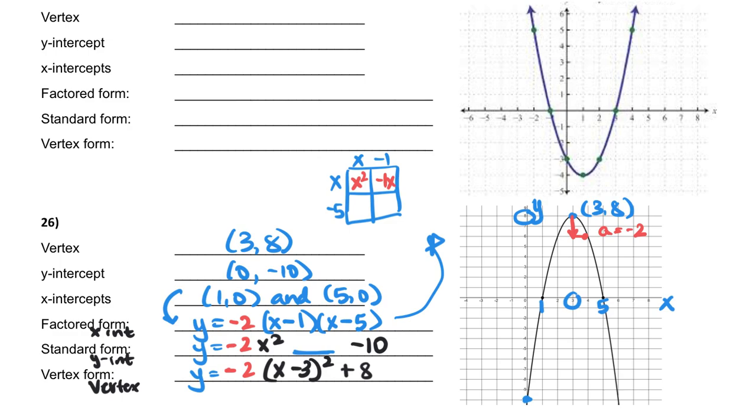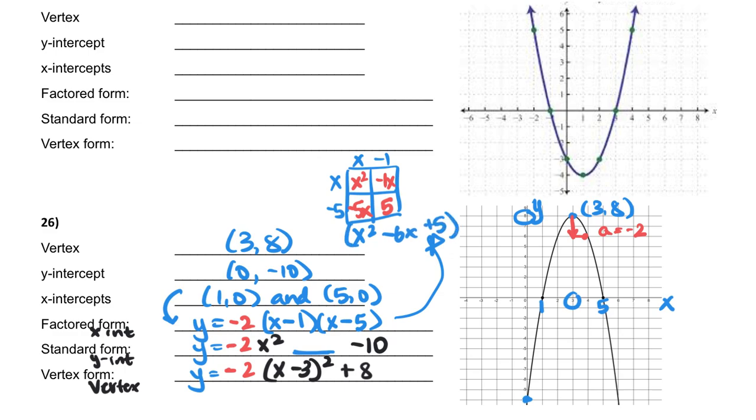X times negative 5 is negative 5x, and negative 1 times negative 5 is going to give us positive 5. So this right here is x squared, and then I have a minus 5x and a minus 1x, so that's minus 6x plus 5.